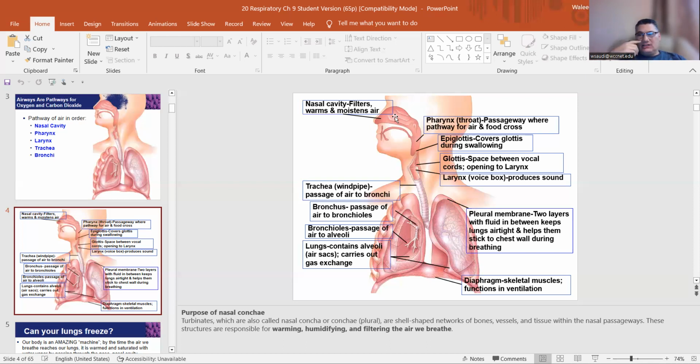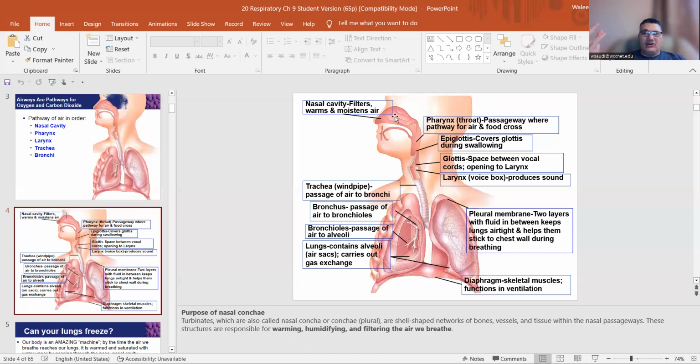Why? Because specifically the nose is equipped with different things that will make sure that the air that's moving in is good, because the inside of the lung at the end, the alveoli, is very delicate.